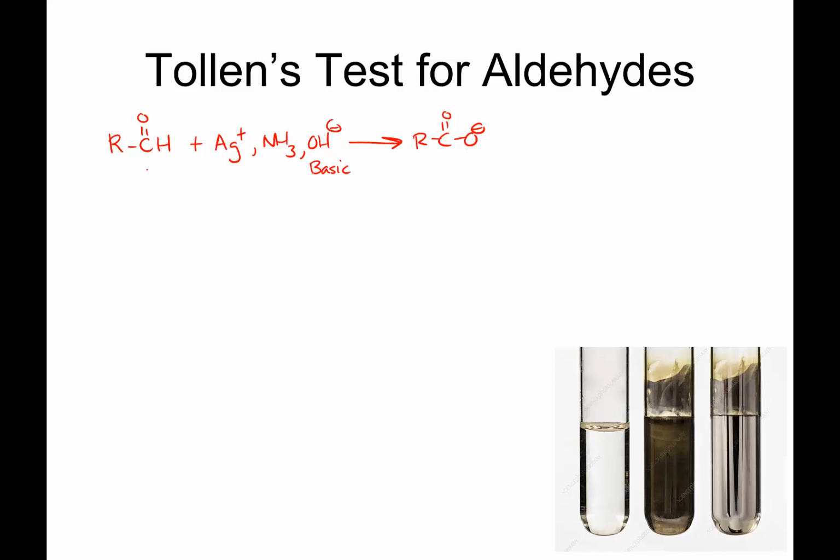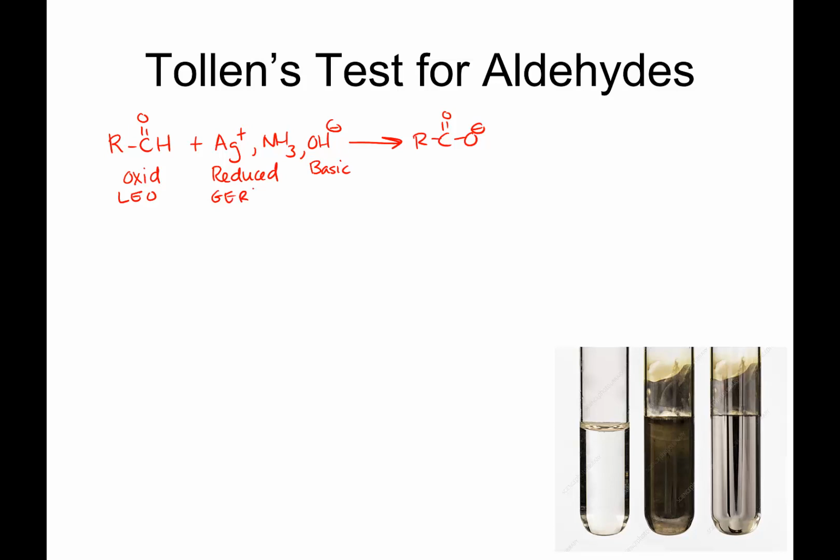This is an oxidation reaction, so the aldehyde's being oxidized. That means that the silver is being reduced in this process. Remember that oxidation basically means you lose electrons and you gain electrons in the reduction.